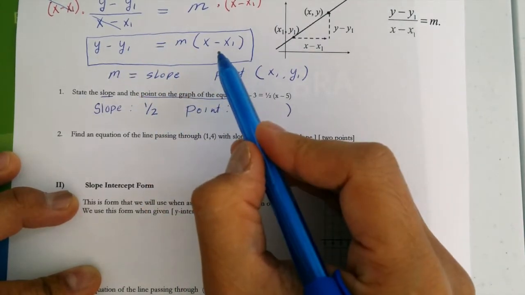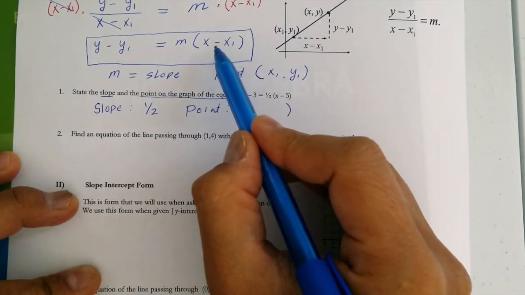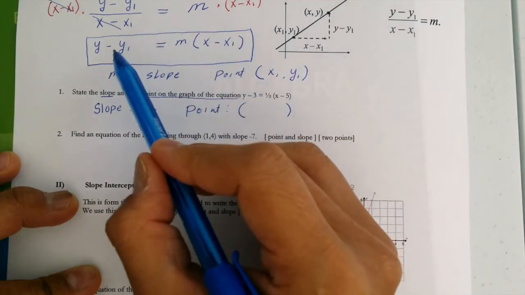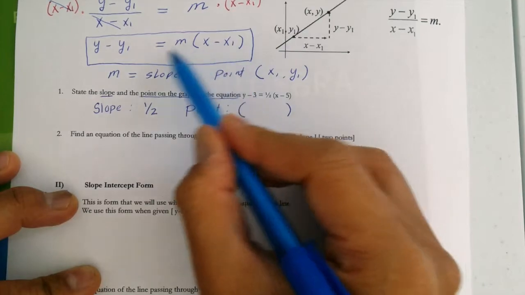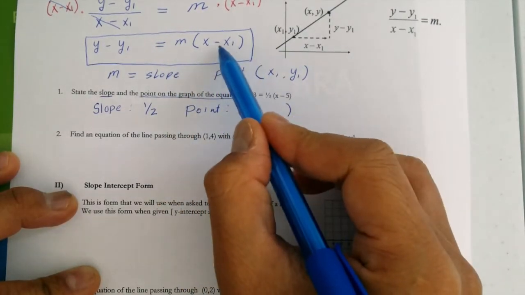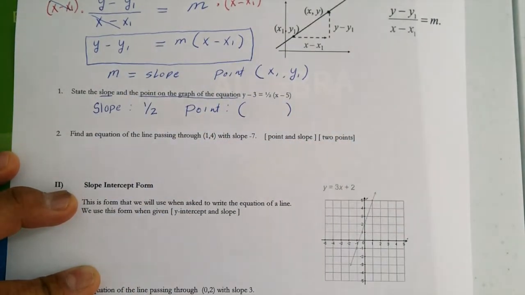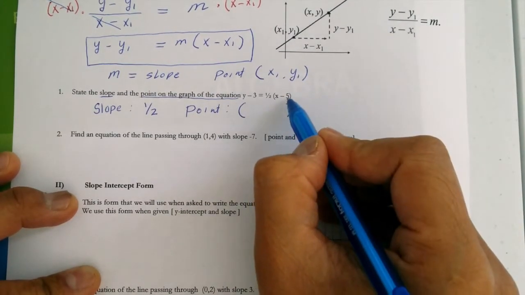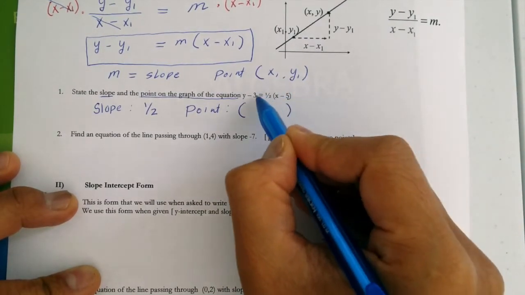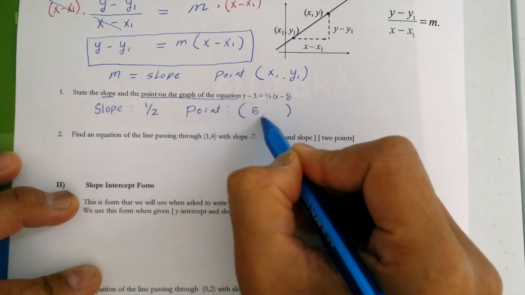Now, one thing to keep in mind is there's a minus in front of the x1 and a minus in front of the y1, right? But when we extract that from the equation, we ignore the minus, okay? So in our case, the point is going to be 5 and 3.